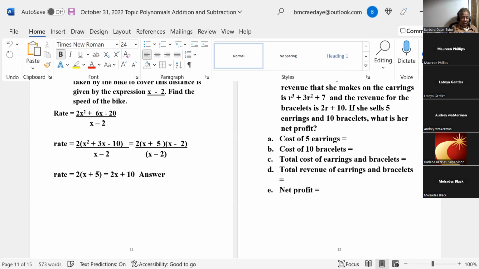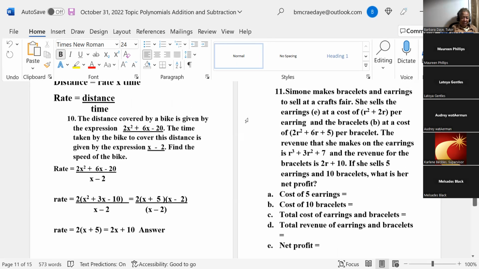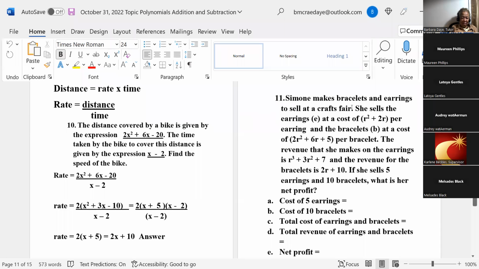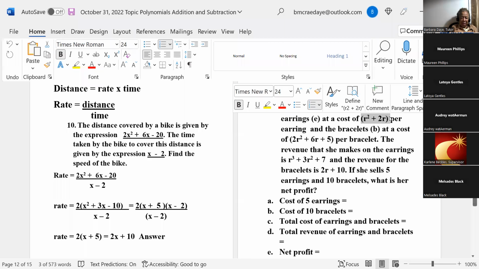Okay, now this one I broke it up for you to try to make it simpler, right? Now, what do you need here? You need the cost of the earrings. That's r squared plus 2r. You need that.